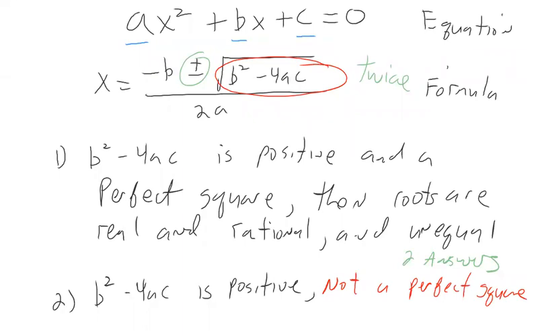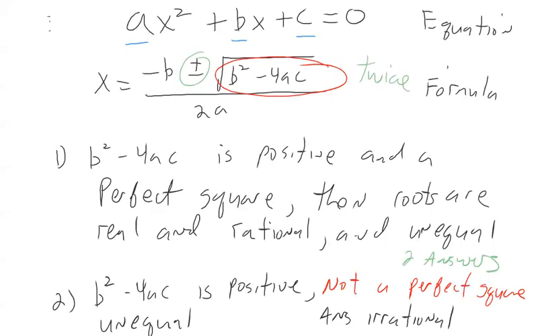So that means your answer is irrational, which means you're stuck with the radical sign. And again, you'll have two answers. So the answers are unequal. This will take a little bit of practice in number two, because depending on your calculator, things will work out nicely for you or not.